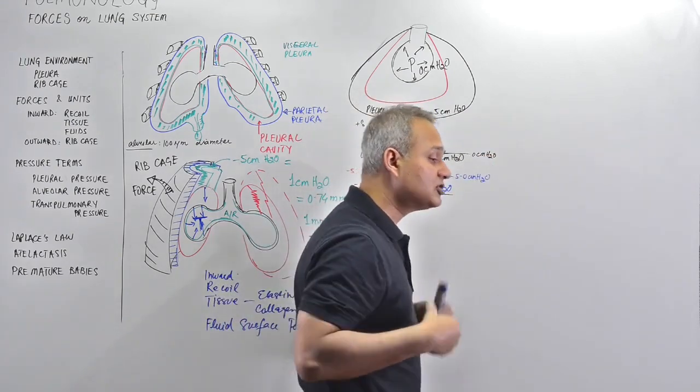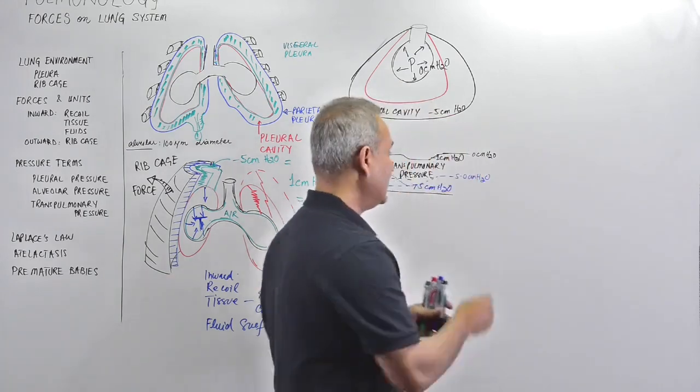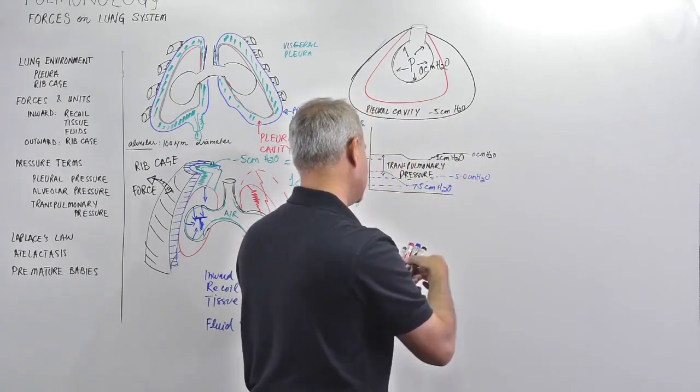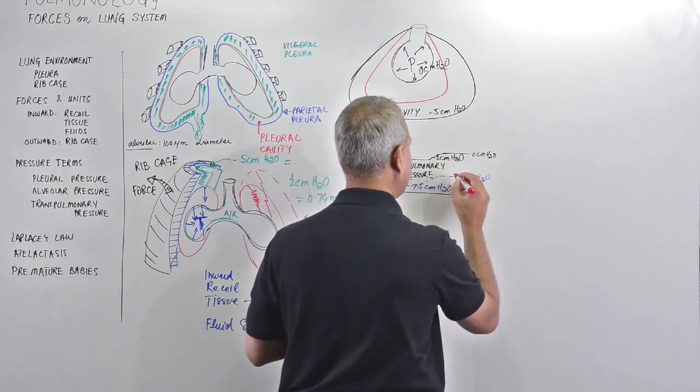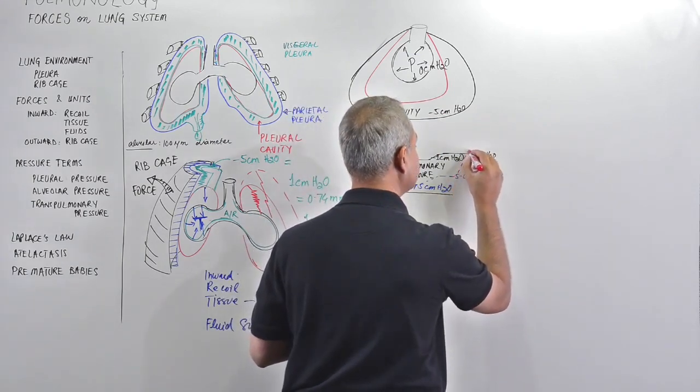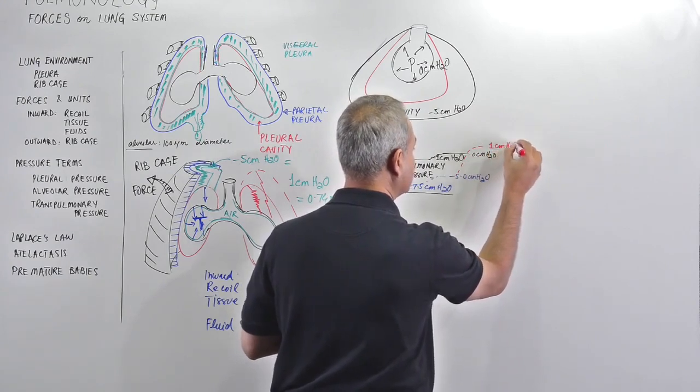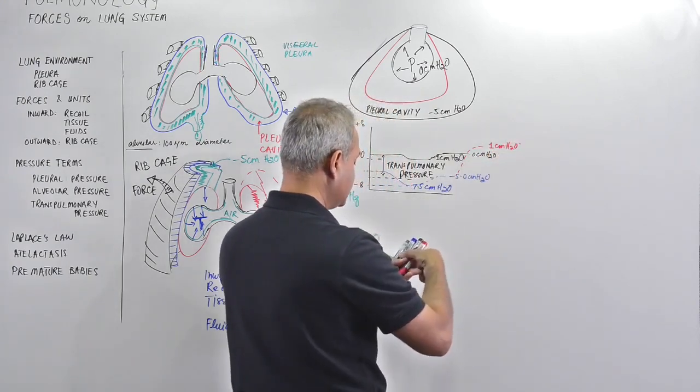If I do a forced exhalation, then I would bring it even lower, or even positive, let's say 1 centimeter of water. That is the pleural pressure now.